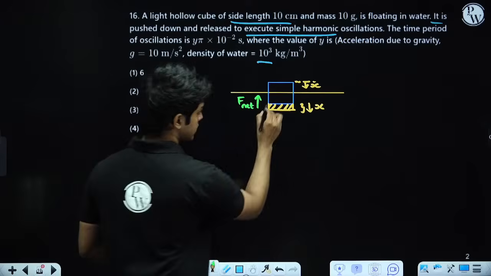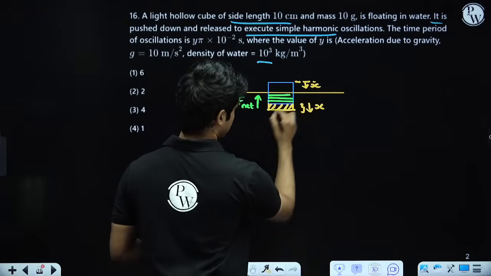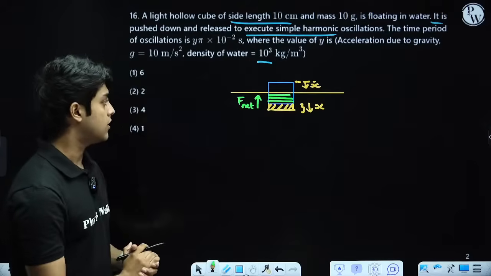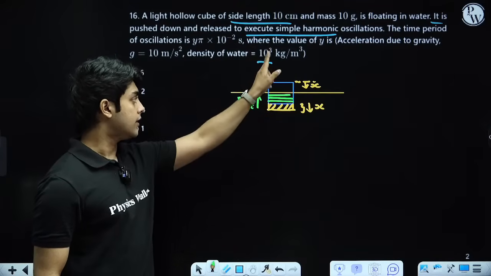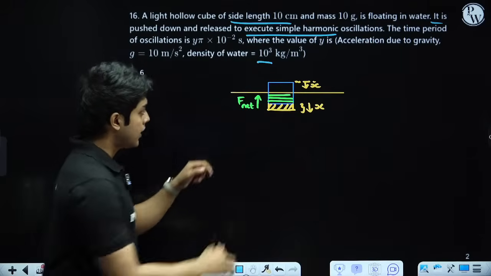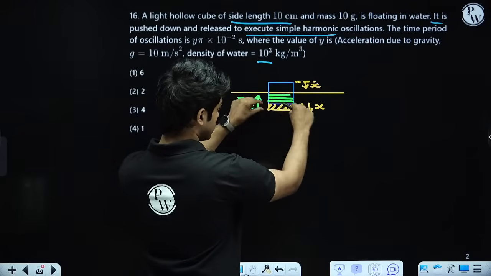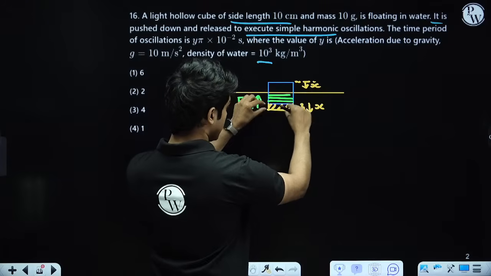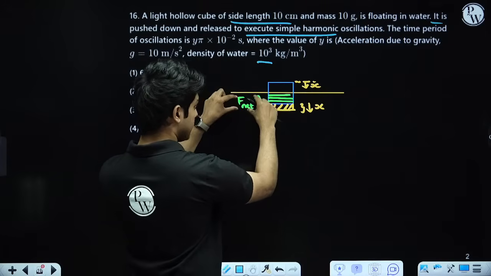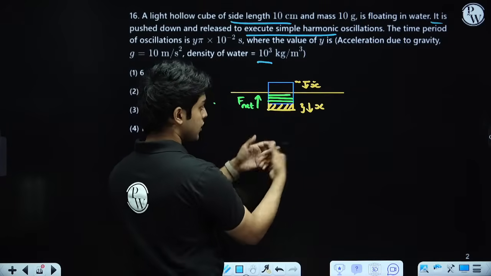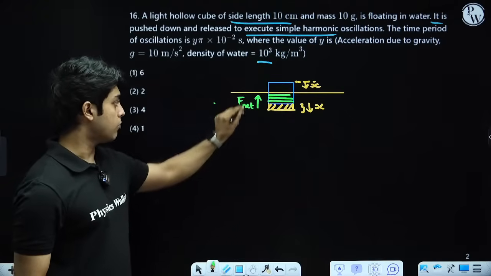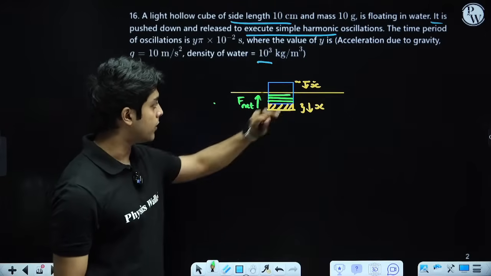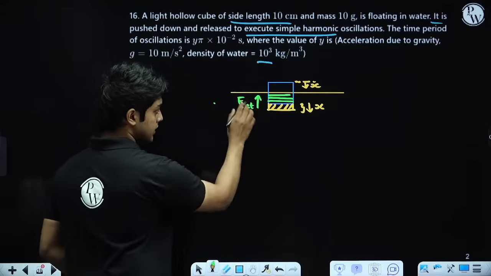Because the already submerged volume's buoyancy balanced out mg. Now we pushed it down a little bit more, so this creates additional submerged volume, and the additional buoyant force created by it will push the block upwards. So we'll have a net upward force if we push it down by x. We need to find out this net upward force.